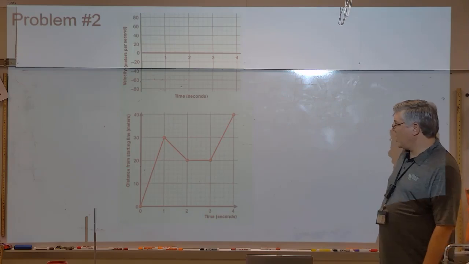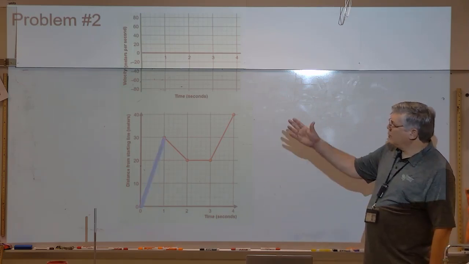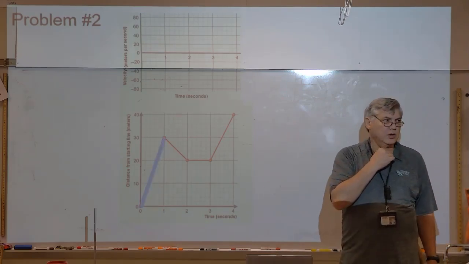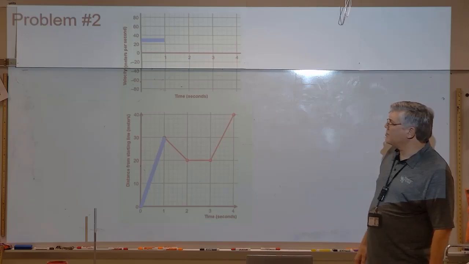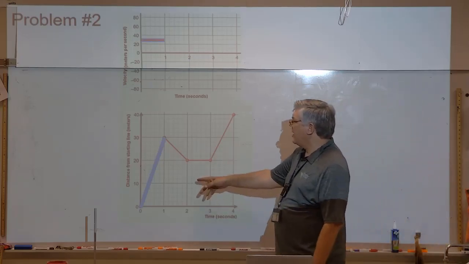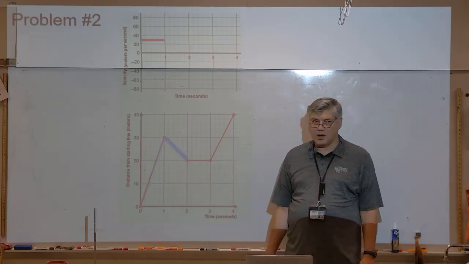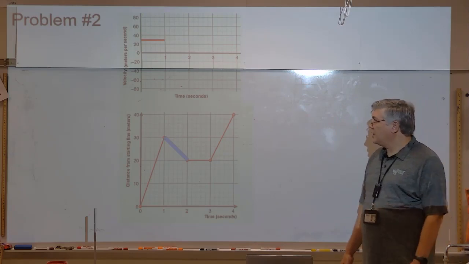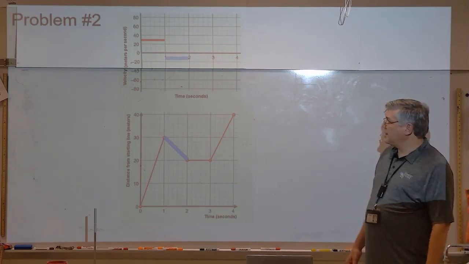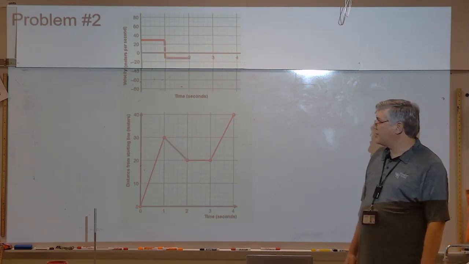All right, next one. The first line, we're going forward or backwards? Forwards. Right, and we're at 30 meters per second because we went from 0 to 30. How about this next line here? Backwards. We went back 10 meters in 1 second, so that's going to be negative 10 meters per second.